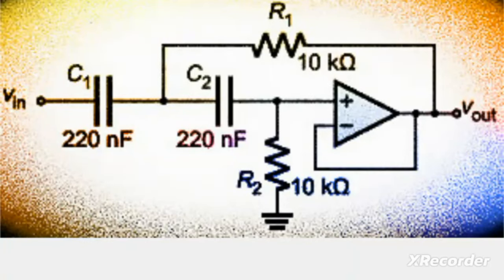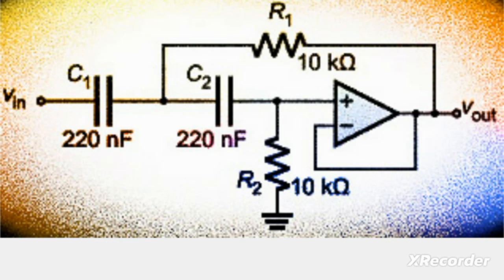So how do you think this circuit will behave? You see that this circuit consists of an operational amplifier right over here. It has got two resistors, R1 and R2, both have a value of 10k each.